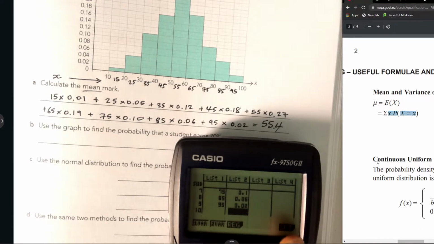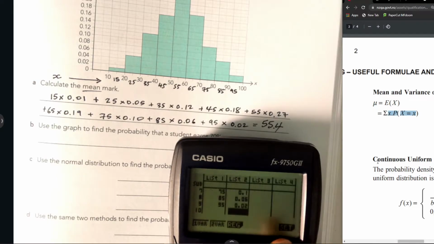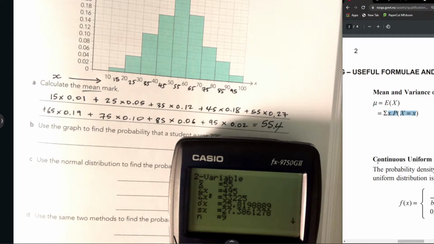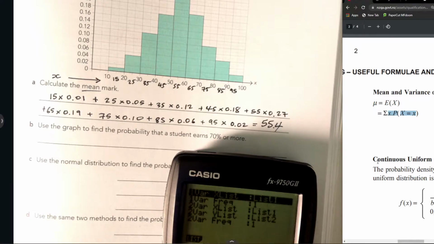Now that I've got that all in, I can do a calculate, I think. Yeah, looks pretty good. X bar 55. No, what did I do? Oh no, I've done it wrong. Set 1. That's our X list is list 1.